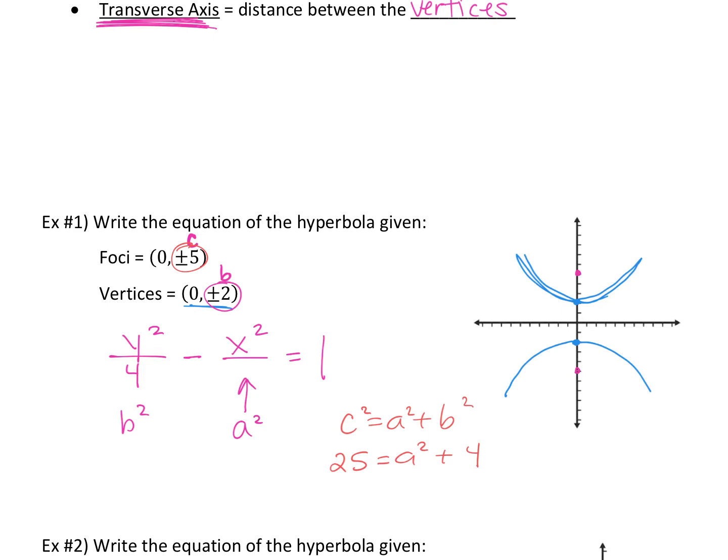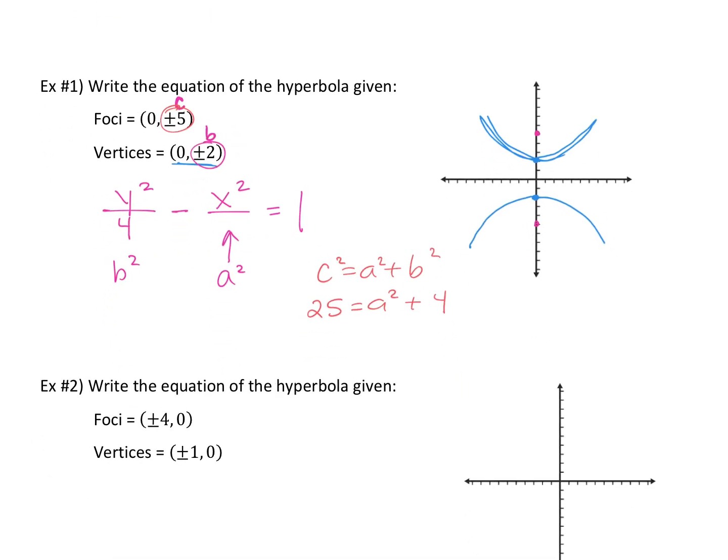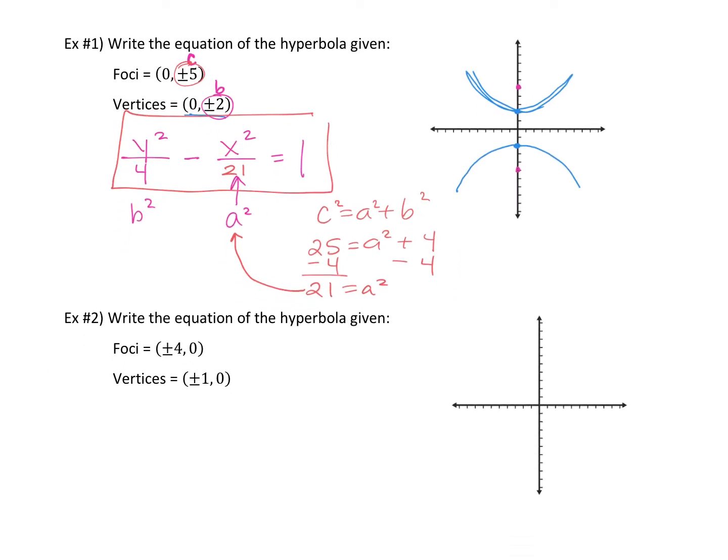Okay, so to solve for a squared, we don't need a, we just need a squared. So all we have to do is take away 4, and we get 21 for our a squared value. That's what's going to go right there, and that is our equation. Okay, straightforward, right? There's not a whole lot more to it.